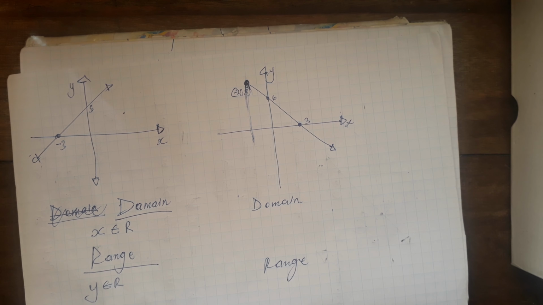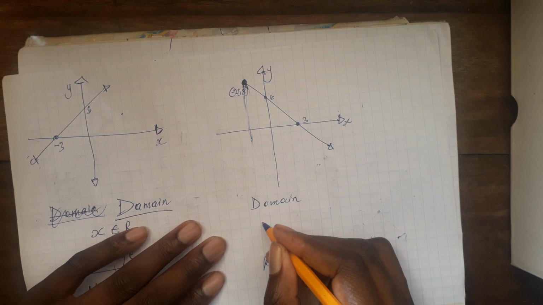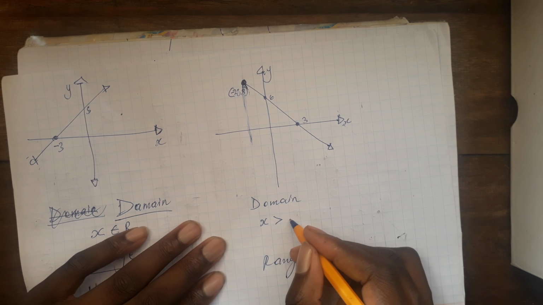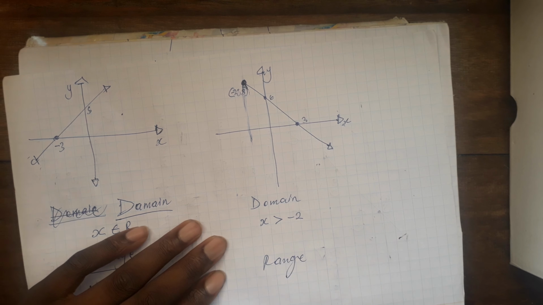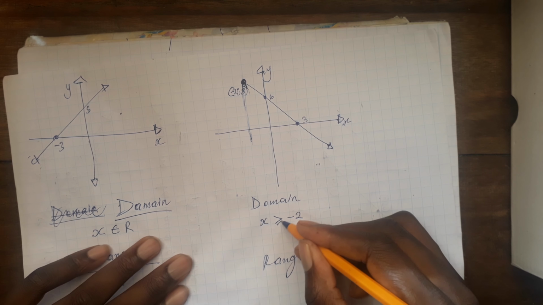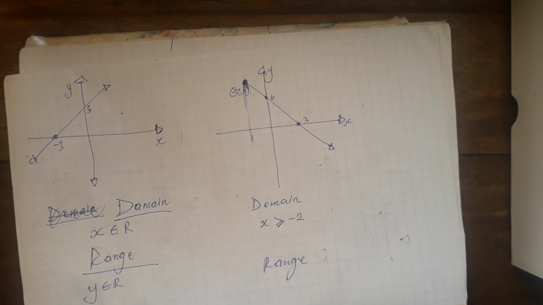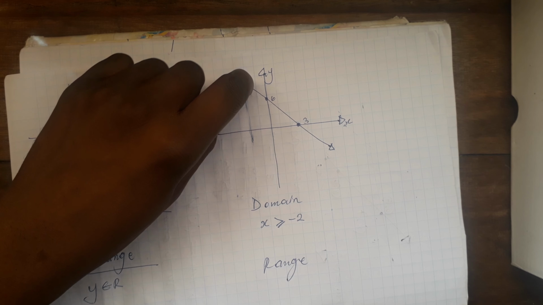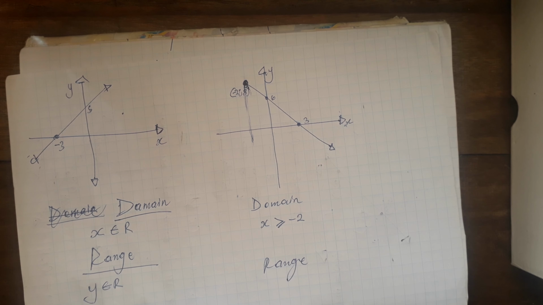So how do we write the domain here? We are going to say x is greater than -2. With this point included, it means that we are going to say greater or equal to -2, because we also include this point where x is -2.